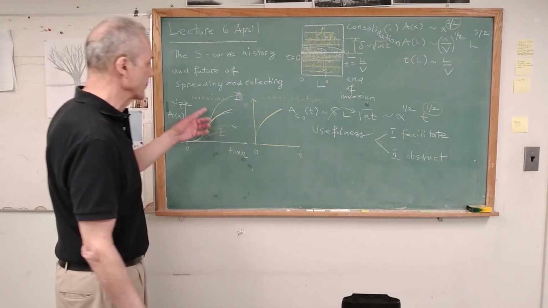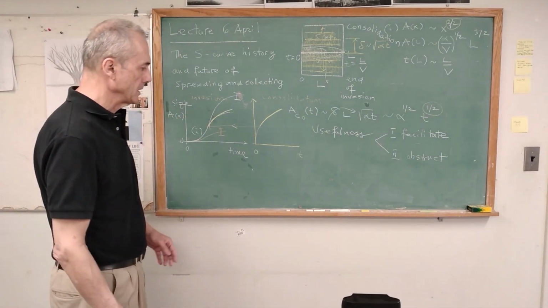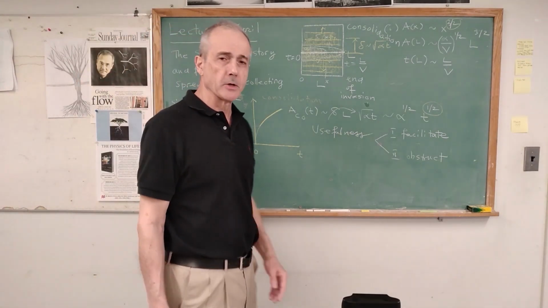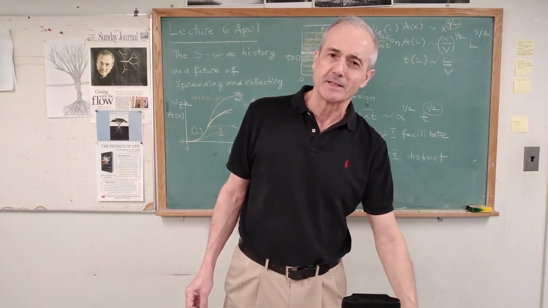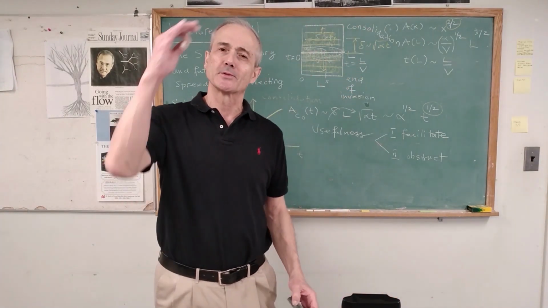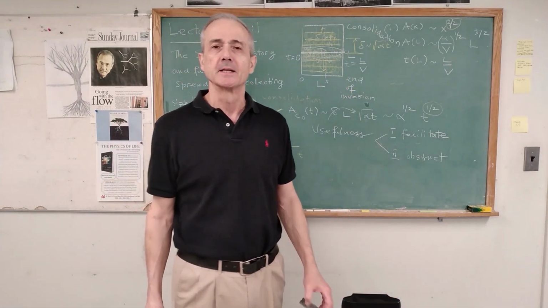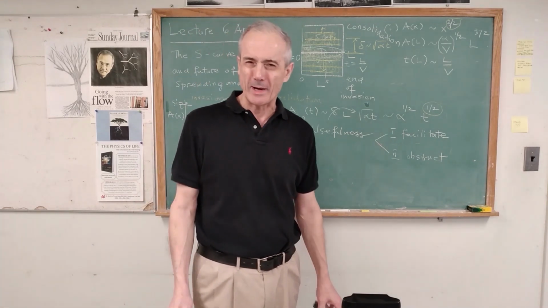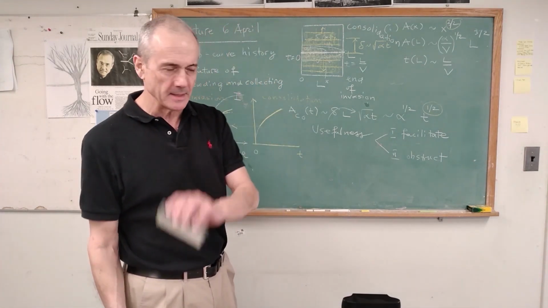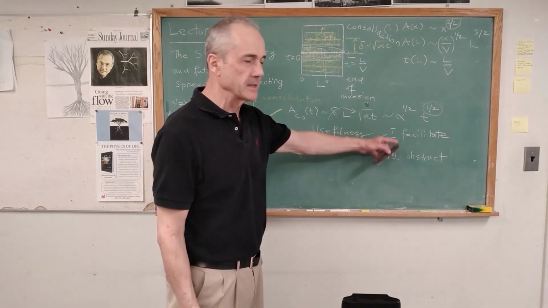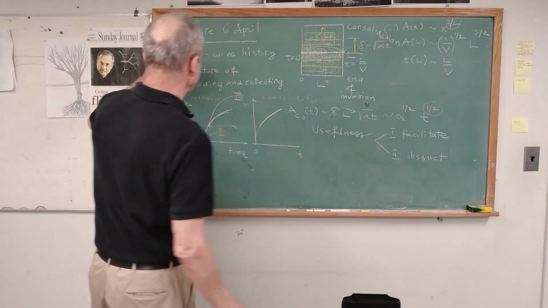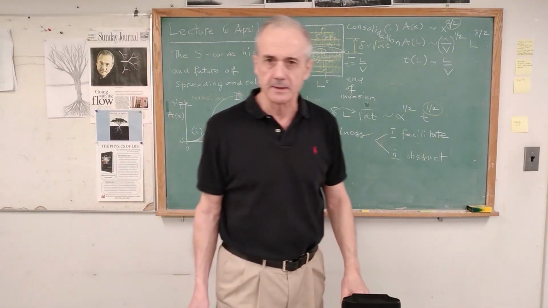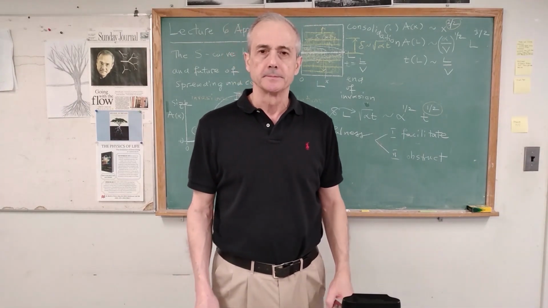So, contrary to my drawing here, all roads lead to Rome. All S curves rise to the same size, which is L squared. So let's begin the story of facilitating and obstructing with that joke.